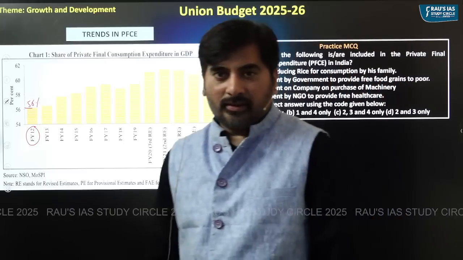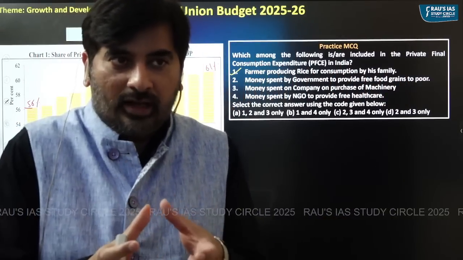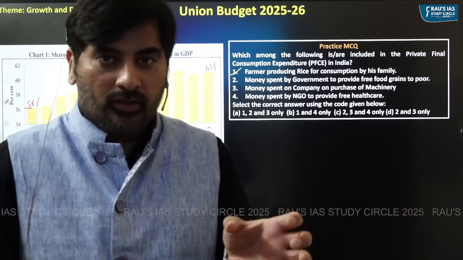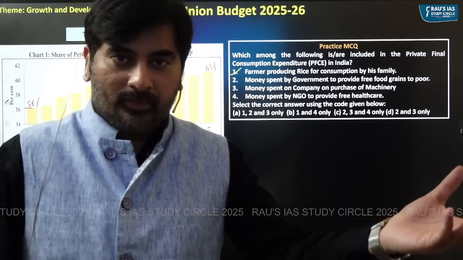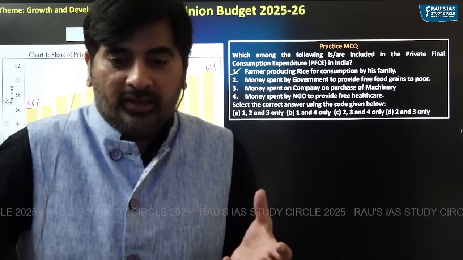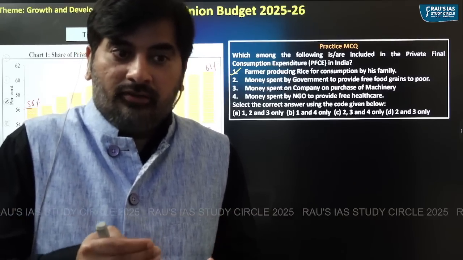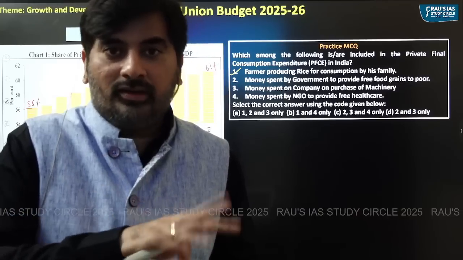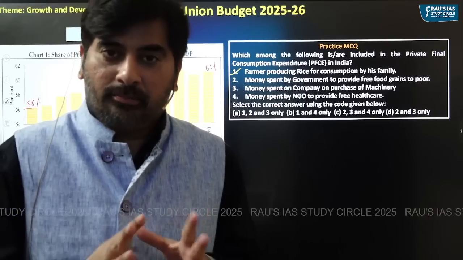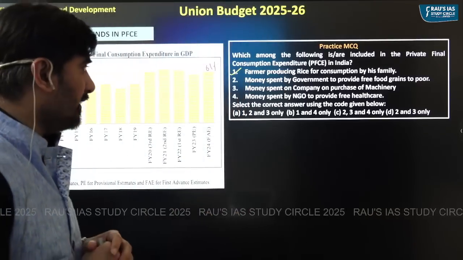Now this is something which is interesting. Please know that if certain goods are bought by the household, it will be accounted under consumption expenditure. But if a household is producing goods for its self-consumption, even those goods are also accounted under PFCE, private final consumption expenditure. This is quite interesting, so remember this.